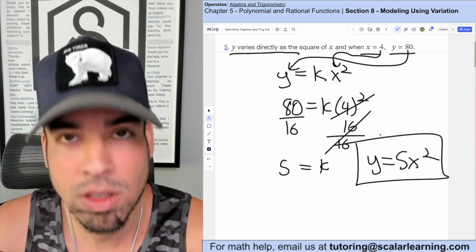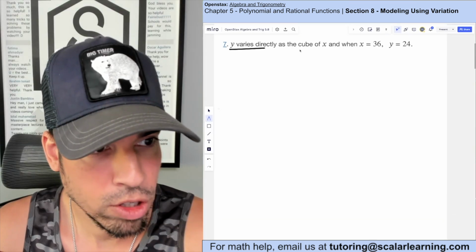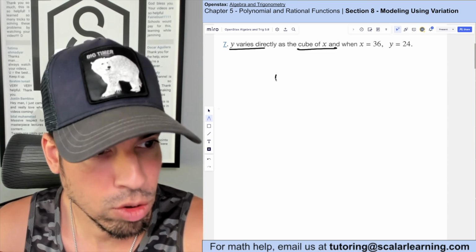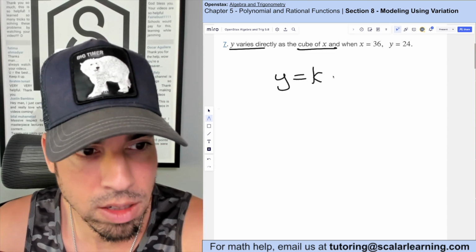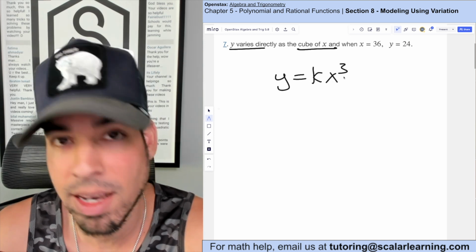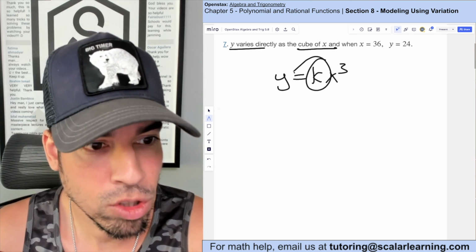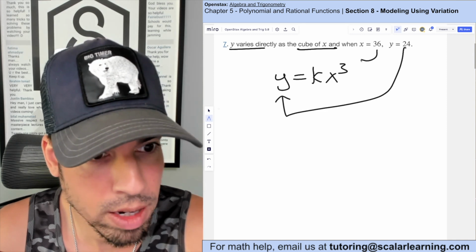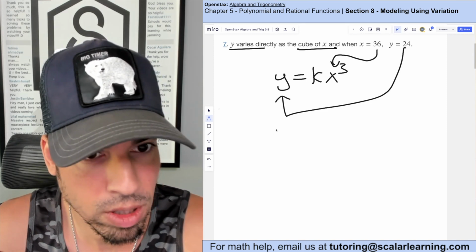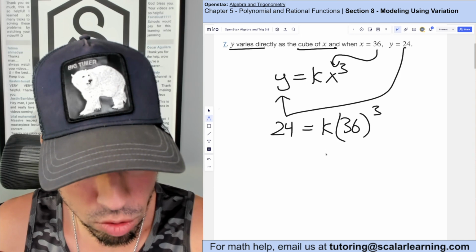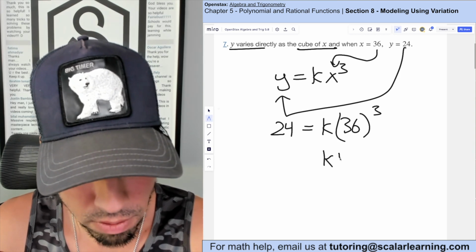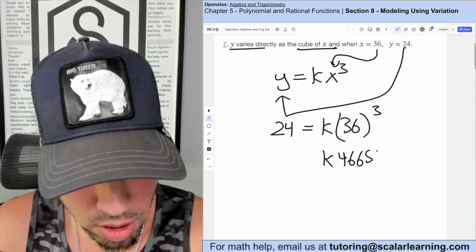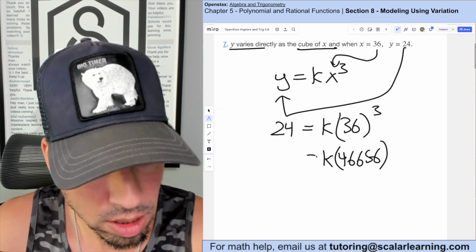There's your answer, done. For this one, it says y varies directly as the cube of x. So y equals some constant times the cube of x, aka x cubed. And then to solve for k, we've got these two values. So I'm going to plug in 24 for y and 36 for x and solve for k. So 36 cubed is a huge number. It is 46,656. Use the calculator there.